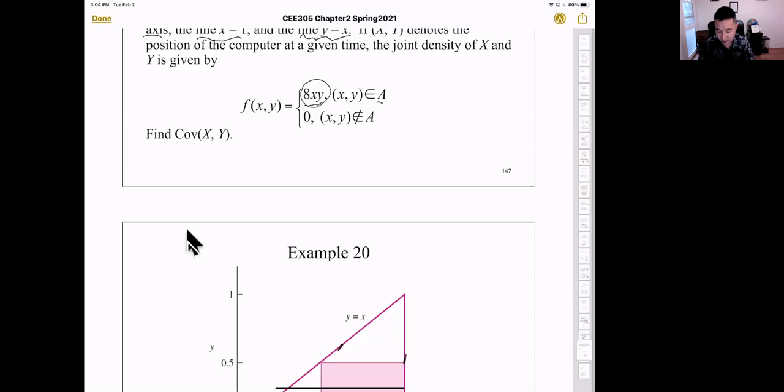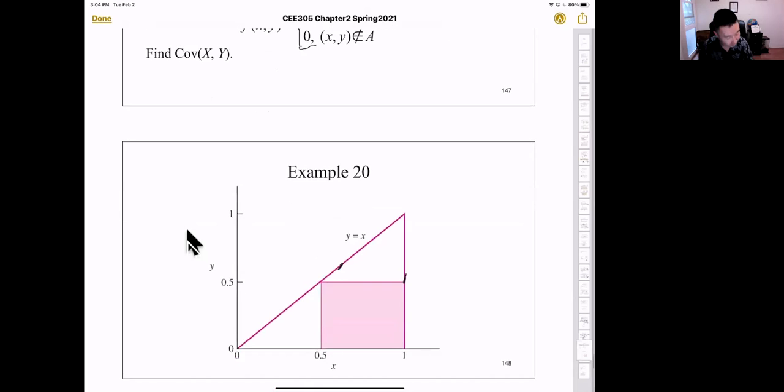Outside this triangle, it is 0, so no chance outside A. The question is asking to find the covariance of x and y.